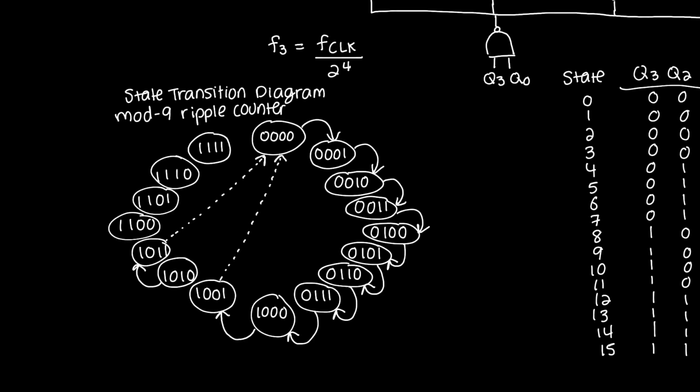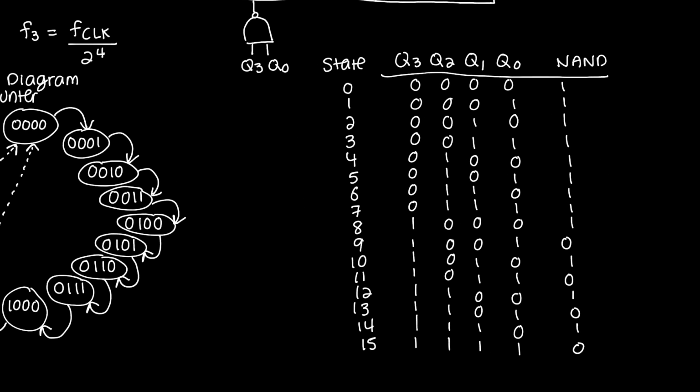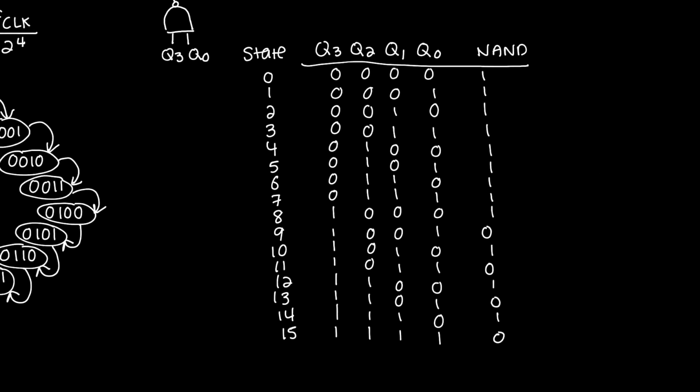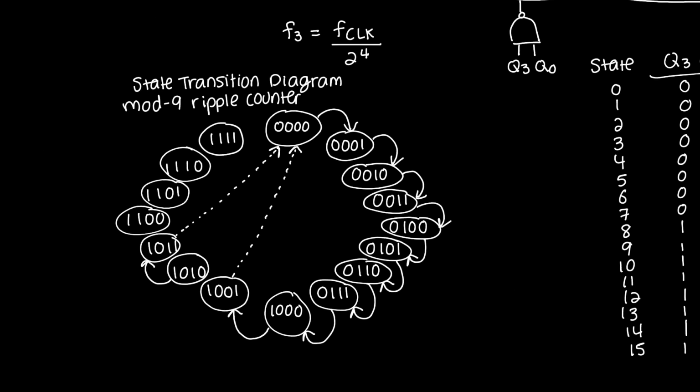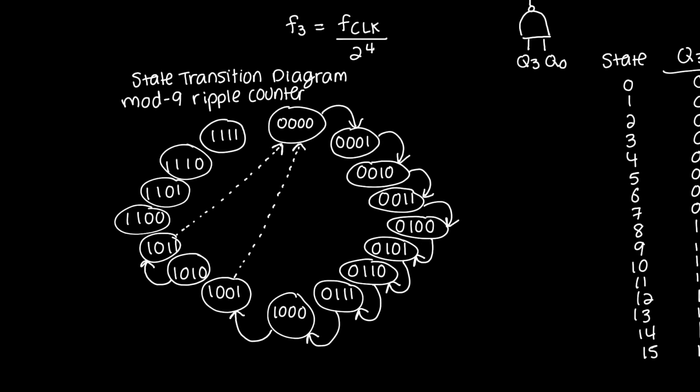What happens over here in state 1100? NAND gate is still high. So that's right over here. And the NAND gate is high. And as long as the NAND gate is high, that means I'm still in synchronous operation. So at the next clock edge, I will increment the counter sequence to 1101, Q3 and Q0 both high.